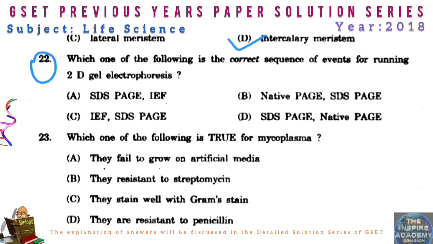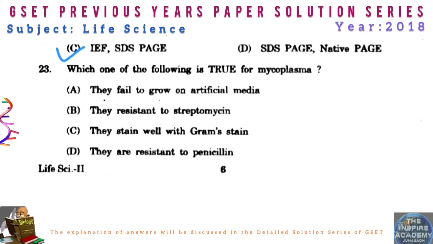Which one of the following is the correct sequence of events for running 2D gel electrophoresis? The correct sequence is IEF, SDS PAGE. Question number 23. Which one of the following is true for mycoplasma? Option D. They are resistant to penicillin.